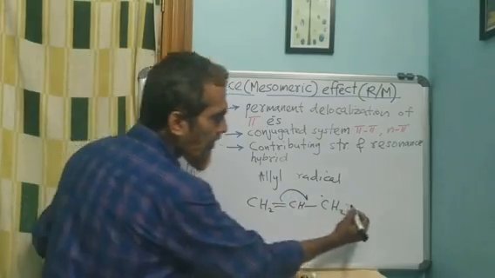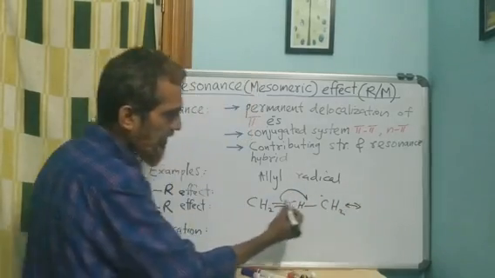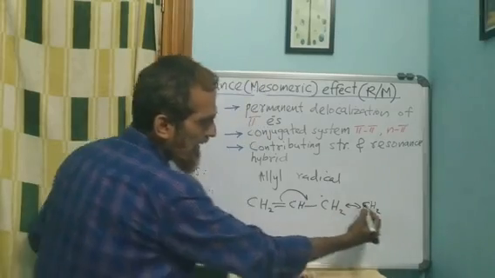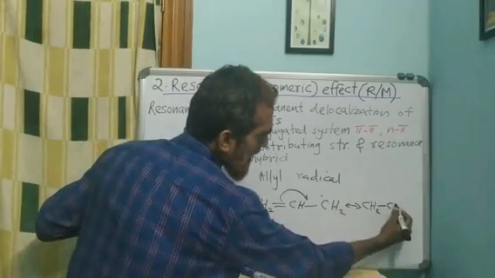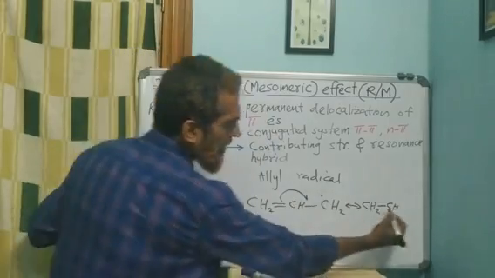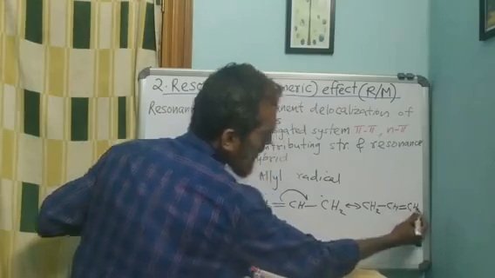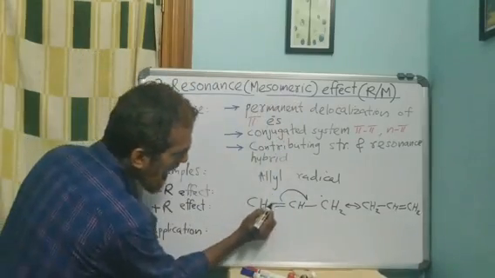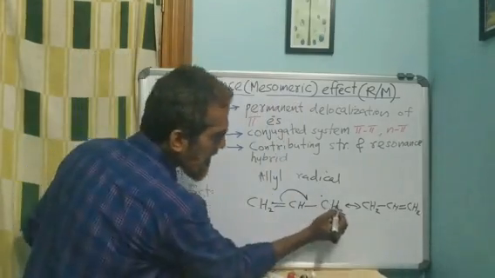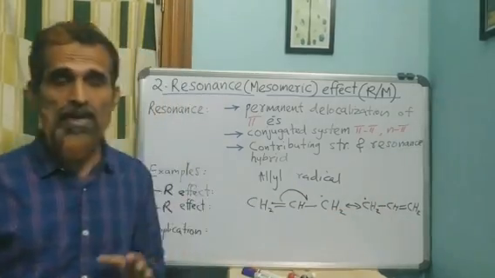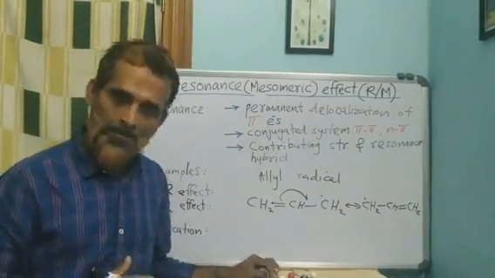So this will become CH2, this bond breaks so it becomes a single bond CH, and when one electron comes here, using this electron it forms a double bond with CH2. What else? This electron is left out, so that is to be shown here, right? This is the allyl radical, which is stabilized by resonance.